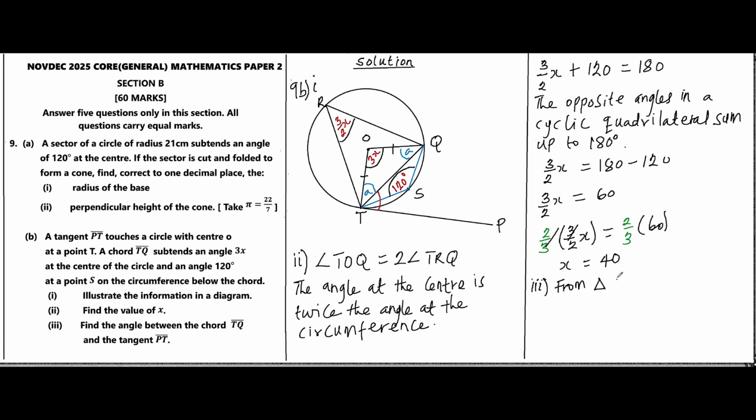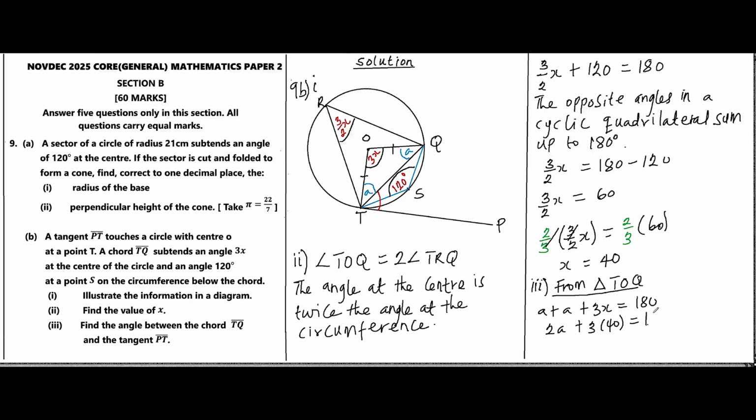So with this, we can say that from triangle TOQ, so that is the isosceles triangle, when we sum up the three interior angles, that should be 180 degrees because we want to find the value of A. So we have A plus A, we have 2A, and then 3x, and we know the value of x as 40.